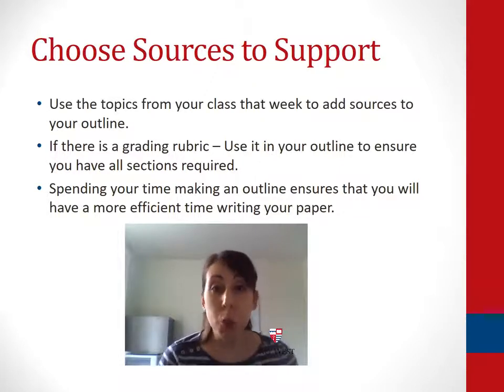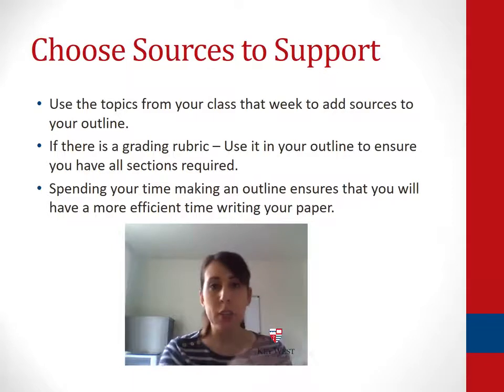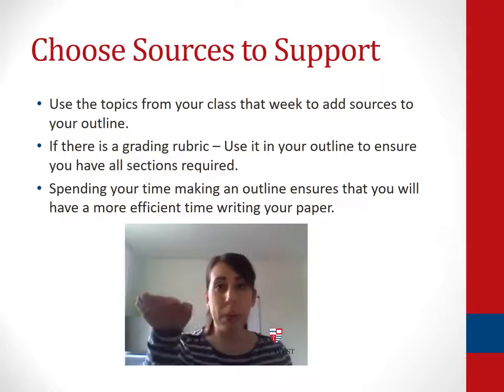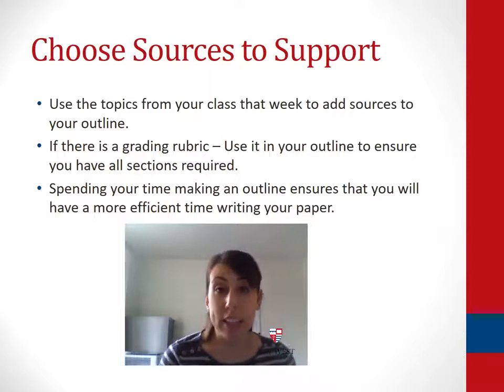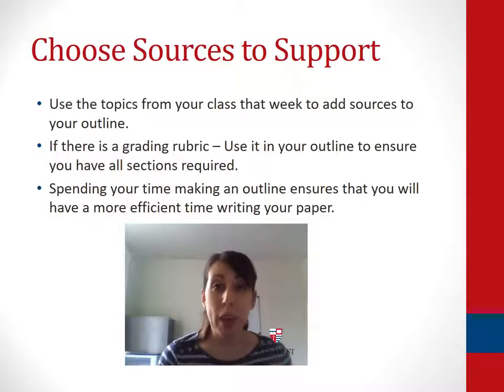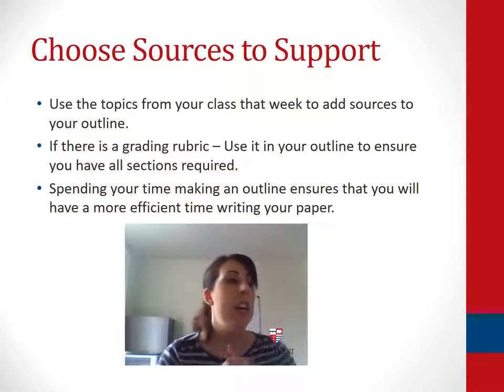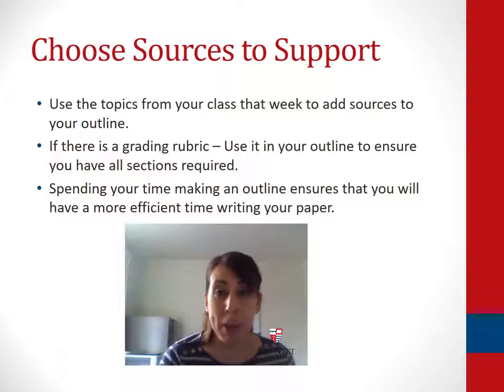Sometimes you get a grading rubric where it says do this, 10 points, do this, 20 points. Use that as a checklist after you've made your outline. Make sure you have hit all of the key points. This way, you'll know when you're submitting this assignment that everything that's on that grading rubric is in your assignment. Spending the time to make an outline will make writing your paper easier.